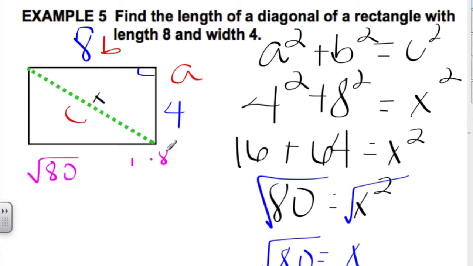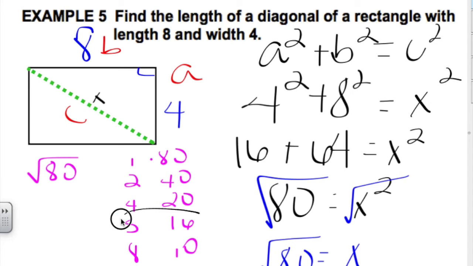So 1 times 80, 2 times 40, it's not divisible by 3, 4 times 20, 5 times 16, not divisible by 6 or 7, 8 times 10, and that's it.